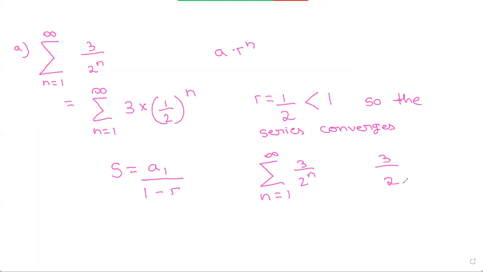So 3 over 2 to the power of 1 is 3 over 2. So 3 over 2 is our a1, and we know what our r value is. So the sum would be 3 over 2 divided by 1 minus 1 over 2, and that is equal to 3, because you have 3 halves divided by 1 half, which is 3. So we figured out that this series converges to the sum 3.